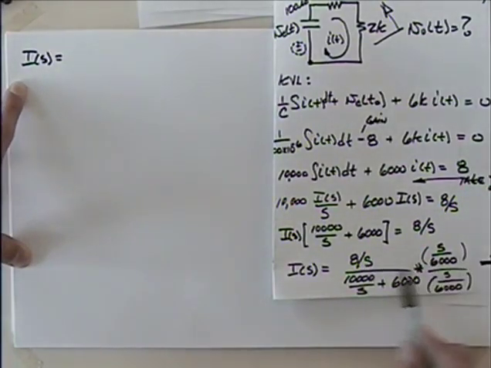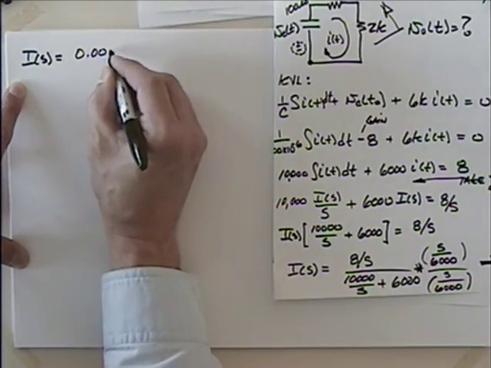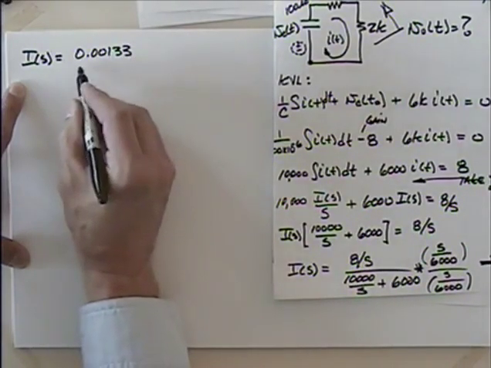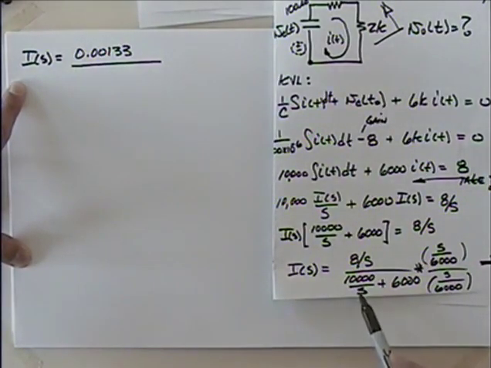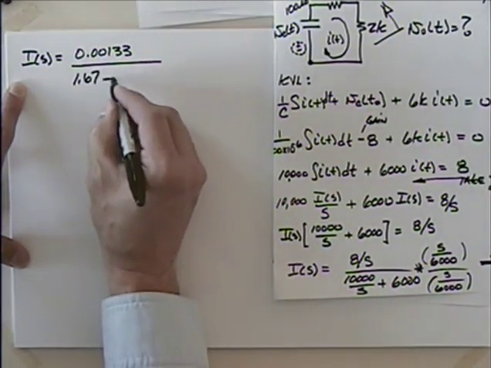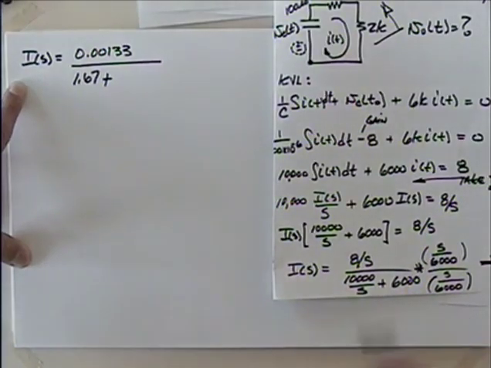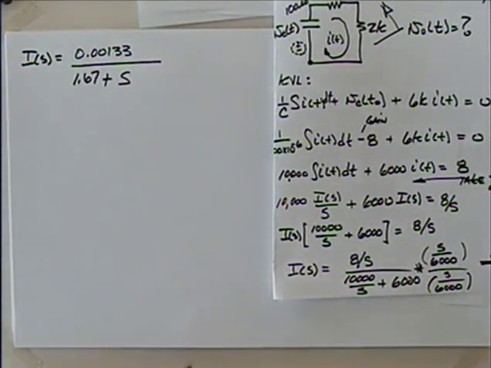We're going to cancel those S's and divide 8 by 6,000, so I get a small number, 0.00133. And then what do I have here? I cancel that S, and so I have 10,000 over 6,000, 1.67, plus I'm left with an S. That looks vaguely familiar, doesn't it?